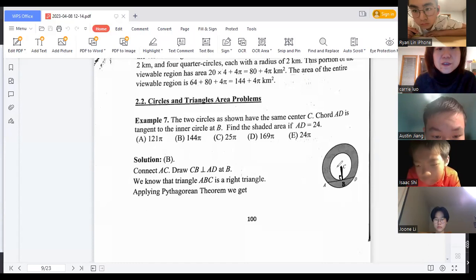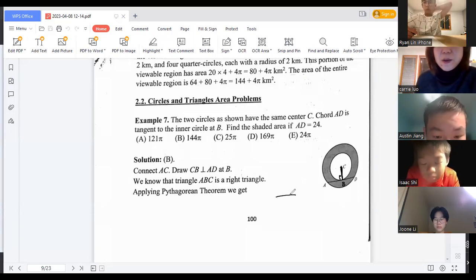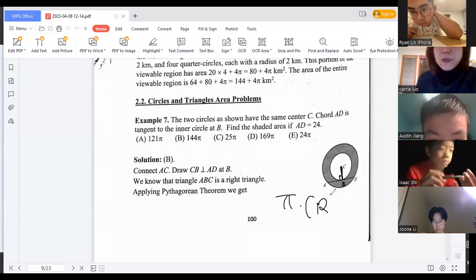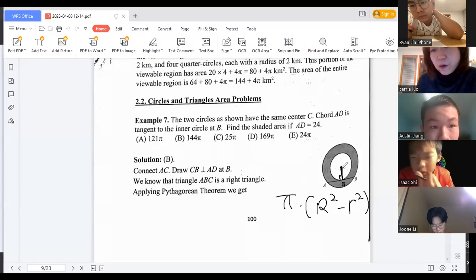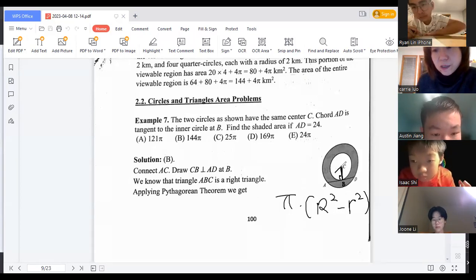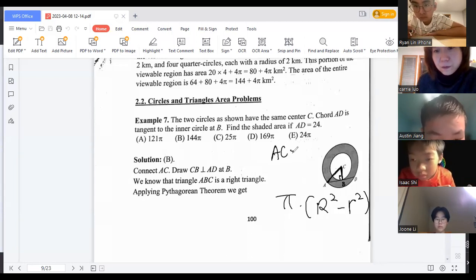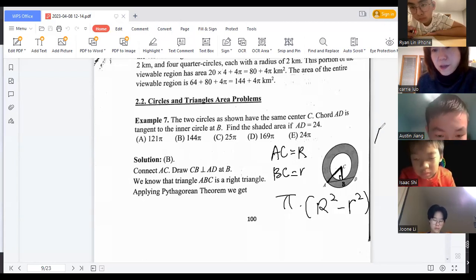So how to calculate donuts is actually the difference of the squares of the radii, 对不对？Okay, so basically just pi times bigger R squared minus little r squared. 那 bigger R squared 和 little r squared 有什么关系啊？它们的关系就是这个，对不对？Because AC equals bigger R, BC equals little r, and AC squared equals BC squared plus AB squared.